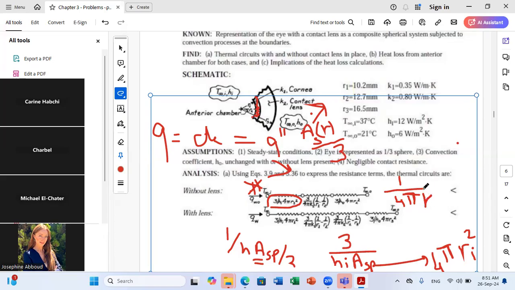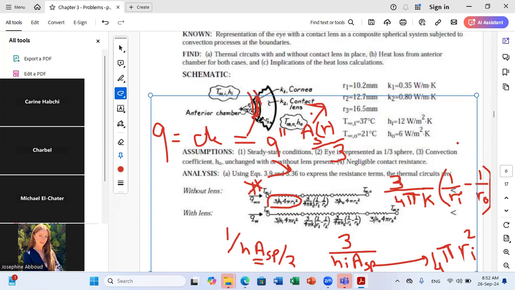So 1 over 4 pi k times (1 over R inner minus 1 over R outer). So this is the formula for the resistance developed in the case of spherical coordinates. And since you don't have the total area of the sphere, you just have dissipation through 1/3 of this area, you should multiply here by 3. R inner is R1 for this layer, and R outer is R2.